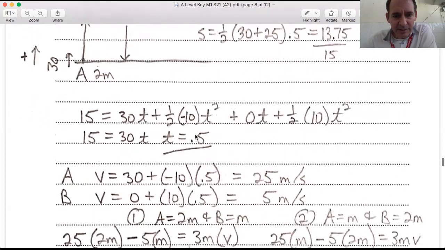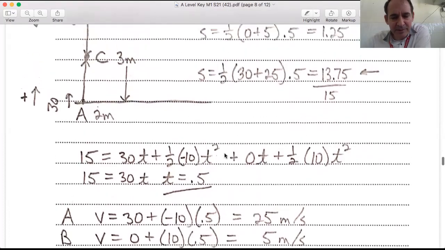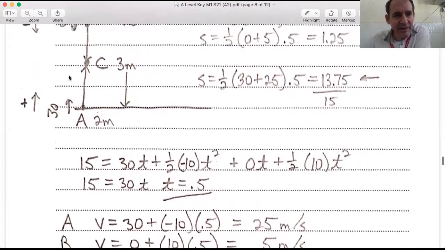Then I plug the 0.5 seconds into a velocity SUVAT formula to find their velocities when they collided. The final velocity of A equals initial velocity plus -10 times 0.5, the time taken, so it's now going 25 meters per second at the collision.